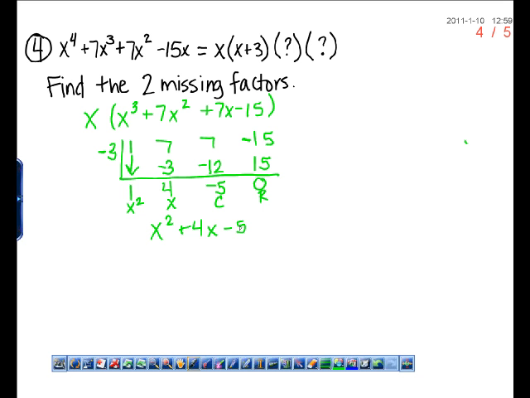What can I do now? Factor. I could just factor like normal, right? Go ahead and factor this and see if you can come up with our 2 missing factors.